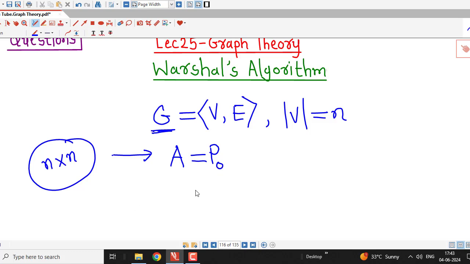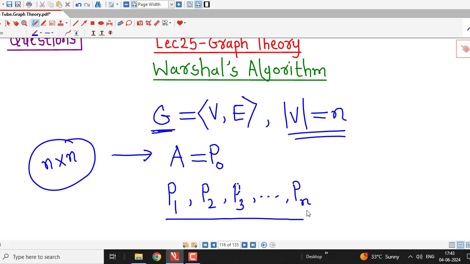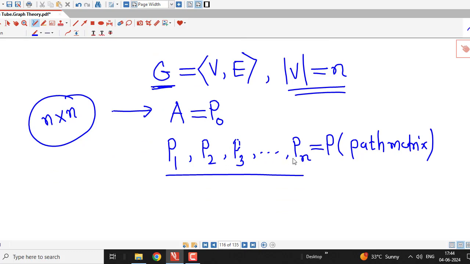Now if there are n vertices, then we have to obtain n matrices P1, P2, P3 and so on up to Pn, and this last matrix Pn will be our path matrix. The question is how to obtain these n matrices, or we can write Pk, where k equals 1 to n.